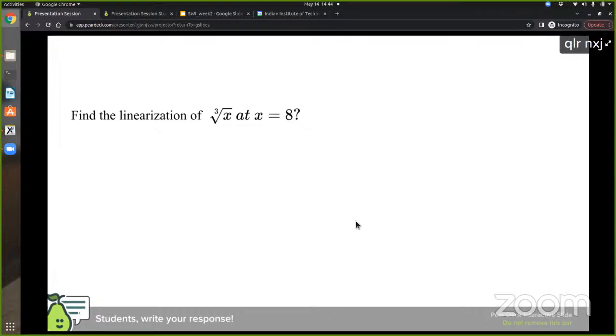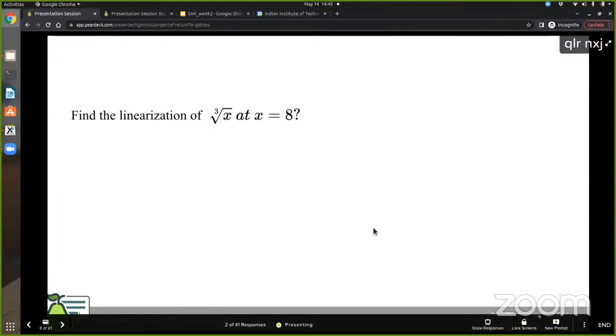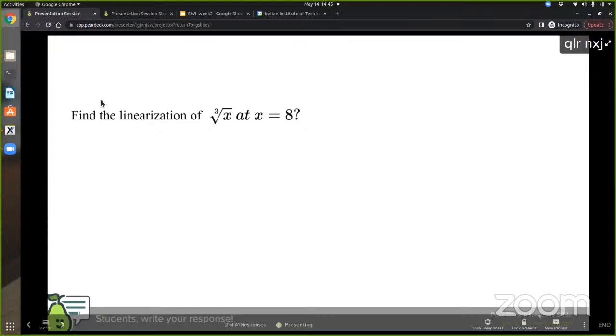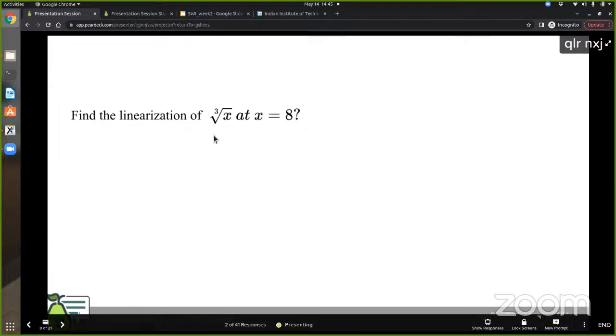Find the linearization. Linearization is the same as linear approximation of a cube root function. So I hope the question is clear to you. What you are expected to do here is to tell the linear approximation. The equation is required here.